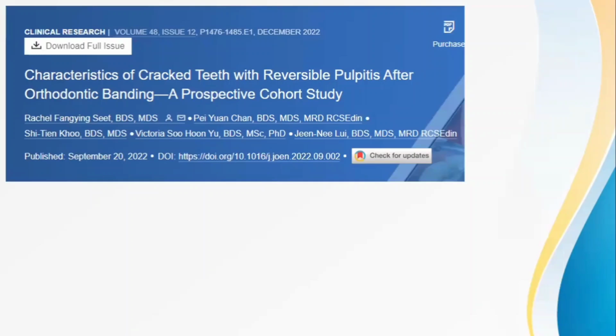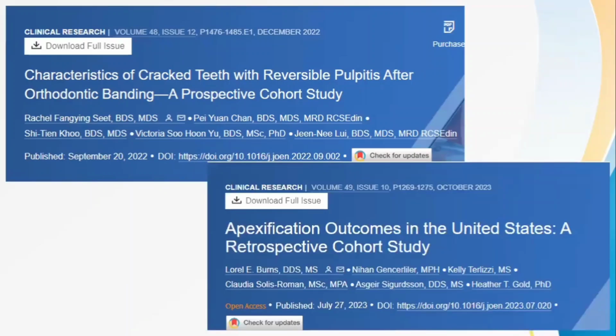This one is the retrospective cohort study. In this, they analyzed the high survival rate of 632 teeth treated with apexification with an average follow-up of 64 months through analysis of dental insurance claims.